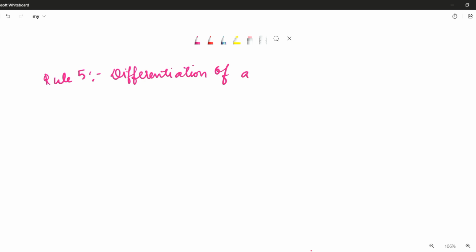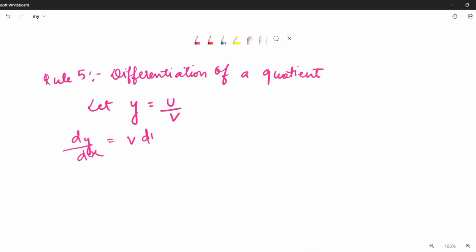of a quotient. If a function is in this form, that is, let y equals u by v. If your function is in fraction form, then how can we differentiate it? dy by dx equals taking v as constant and differentiating u first.